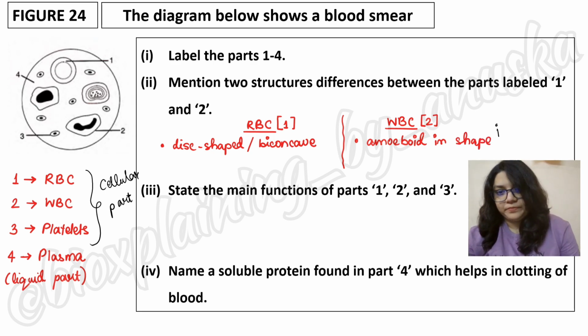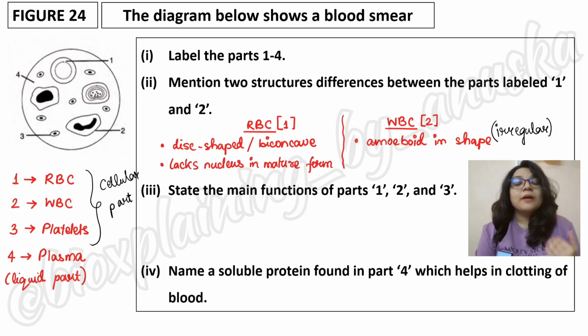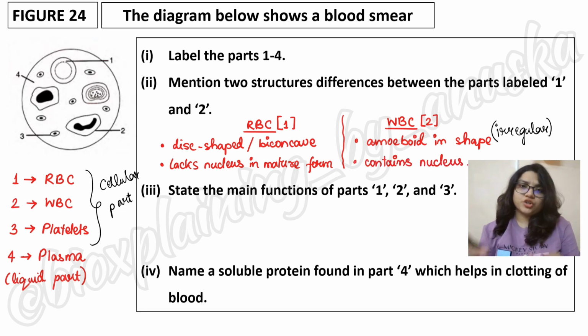Some have a 2-3 lobed nucleus, some will have one single large nucleus, so there's no fixed shape for them. And another difference is that mature RBC lacks a nucleus, while WBC contains a nucleus even in the mature stage.